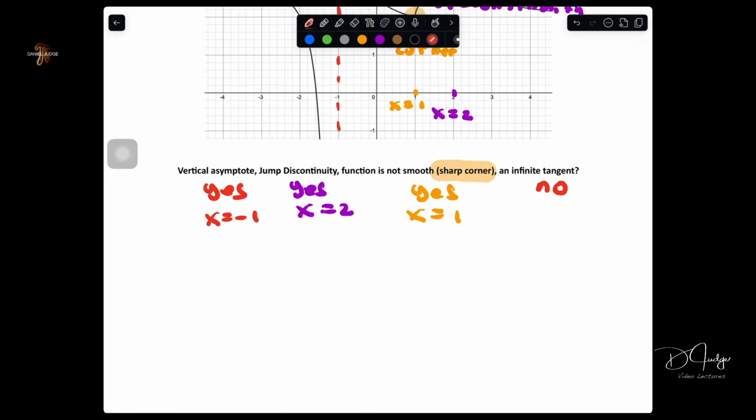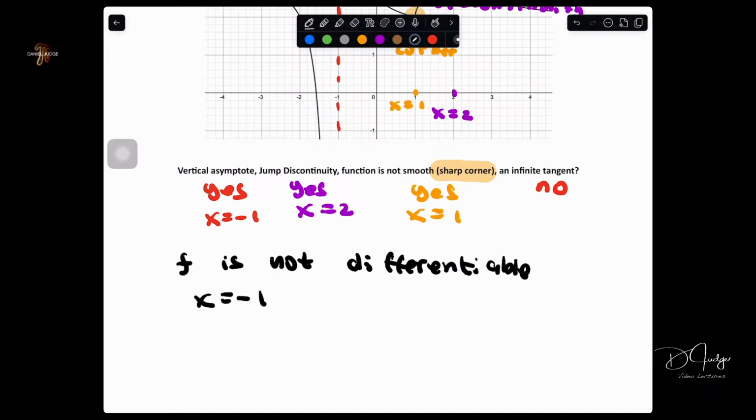And so we're just going to answer this way. We're going to say, okay, your function f is not differentiable when x is -1, x is +2, and x is +1.